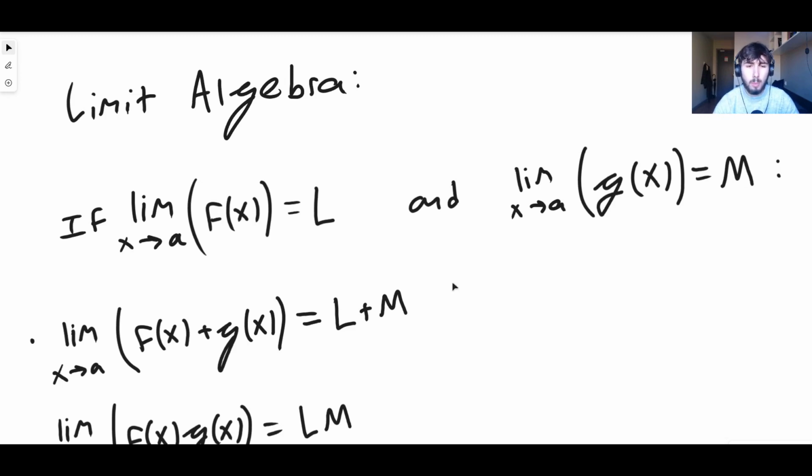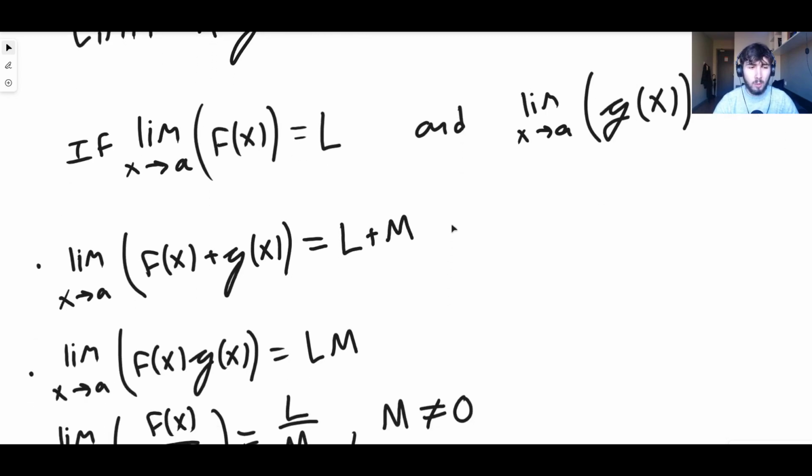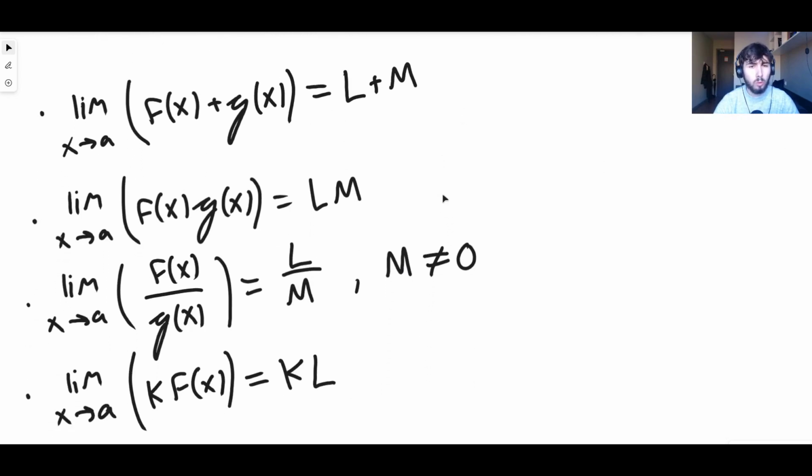And we're also going to define another limit. We're going to say that the limit as x approaches a, as x gets infinitely close to a without actually ever reaching a, of this other function g of x, is just equal to capital M.